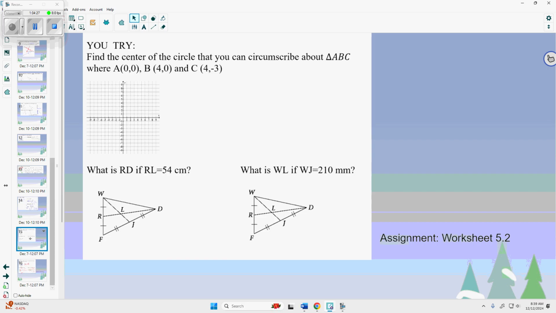Those will always be right triangles when I'm asking you to do this perpendicular bisector thing. So if your graph doesn't give you a right triangle, you've graphed something wrong. Still working on those 2 problems.